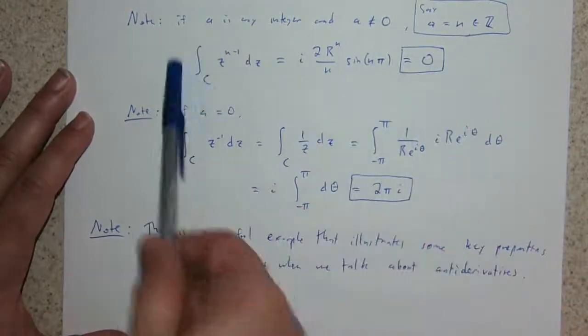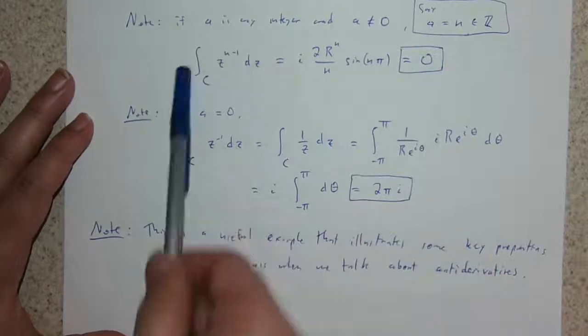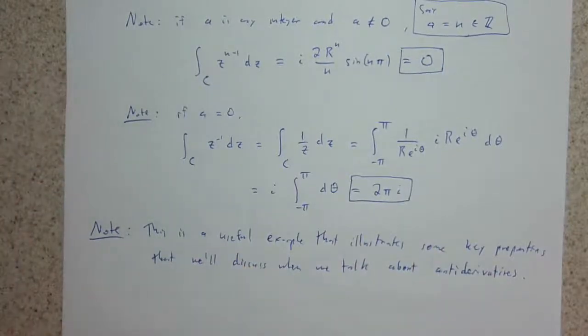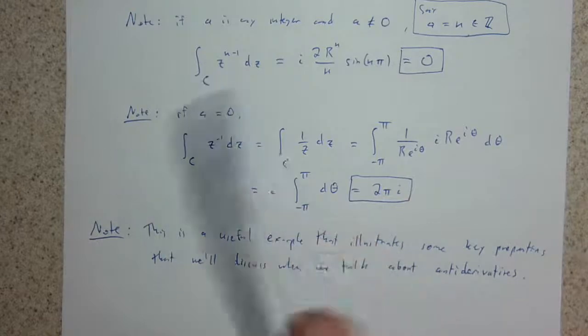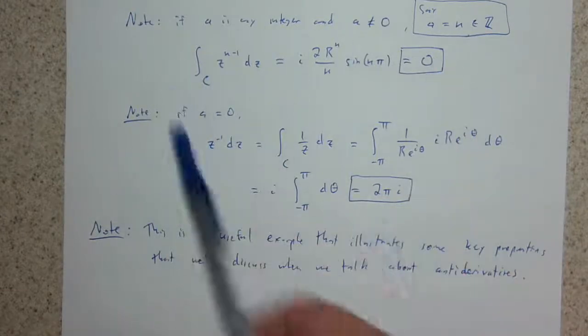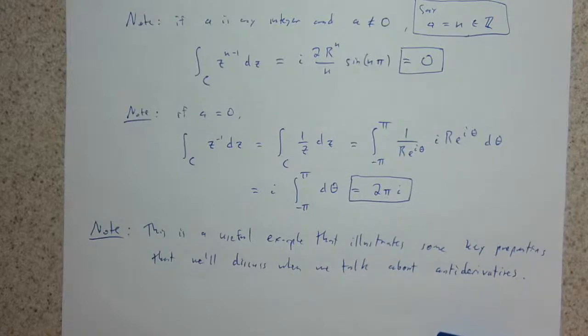So this thing was always 0 whenever you took this contour to be a circle of any radius centered at the origin. But you might be convinced that if I'm allowed to take circles of any radius centered at the origin, then maybe it didn't really matter that those were circles.